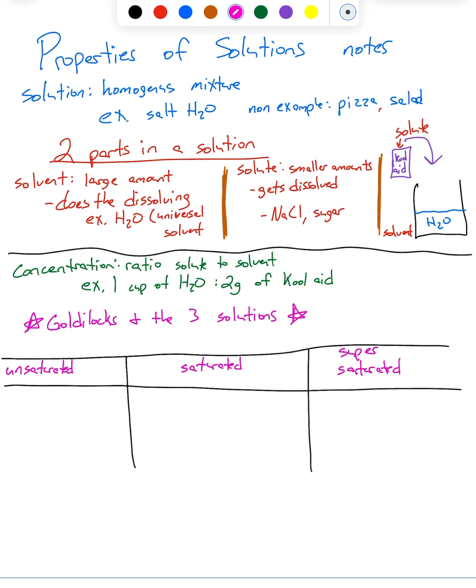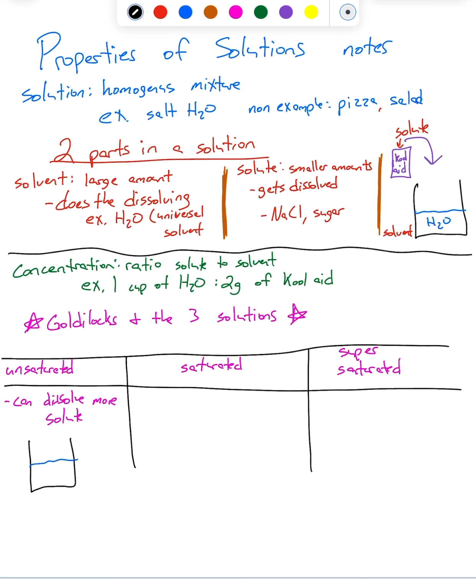In the unsaturated section over here, we're going to write it can dissolve more solute, meaning the solution over here can hold more. So we've got the beaker with liquid in it.